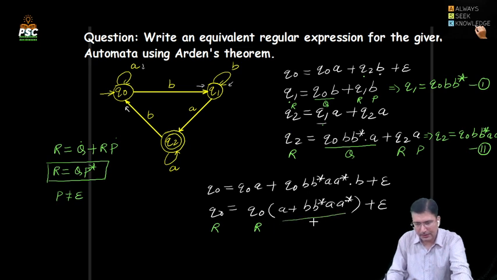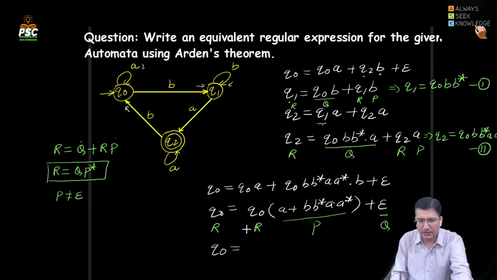Along with R, we write P, so this thing will represent P, and the remaining thing will be Q. And remember one thing, there is a restriction. P should not be null. P should not be generating null. But there's no such restriction on Q. So Q can be epsilon or null also, right? So if we write the equation by applying Arden's theorem, what will it give?